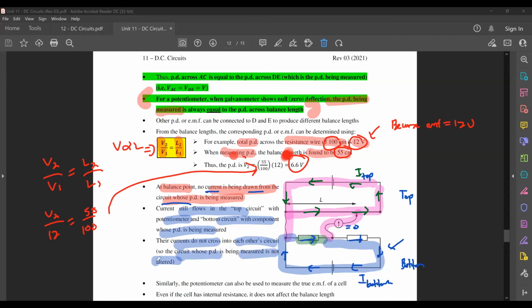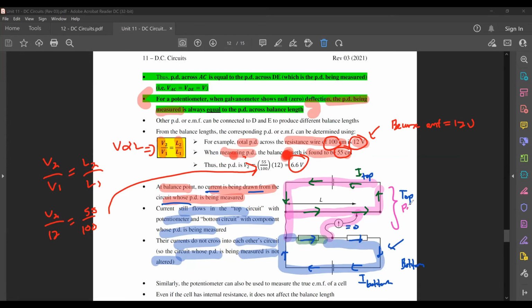Remember just now I told you that one of the problems about connecting an analog voltmeter was that it draws current away from the circuit whose PD is being measured. The moment your voltmeter draws current away, it causes the voltage to be inaccurate. So that was the problem there. That's why you wanted to use a potentiometer here. So your potentiometer here, by right, will never draw current away from the circuit that's being measured.